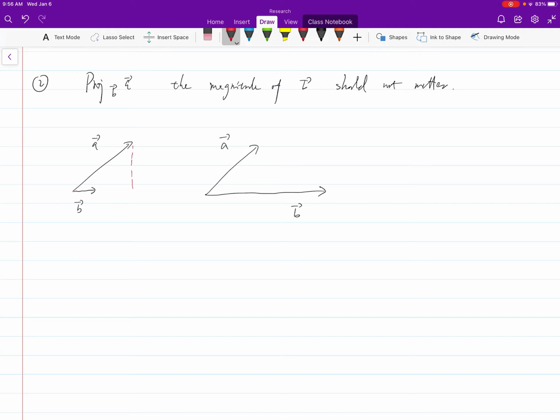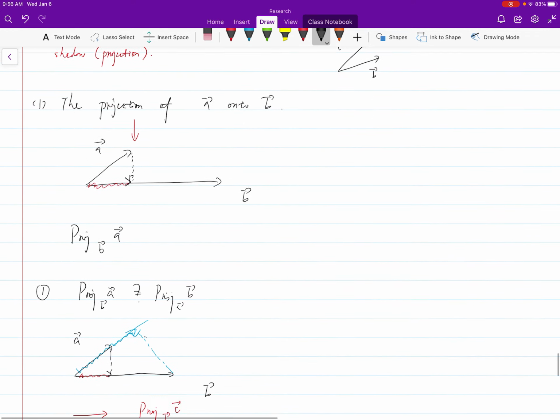Your resulting vector should have a length like this, because it only has something to do with A. A longer A will give you a longer shadow. But the length of B should really not matter. As long as you're pointing in the same direction, whether you take a smaller one or a longer one doesn't matter, because what really matters is the length of A.